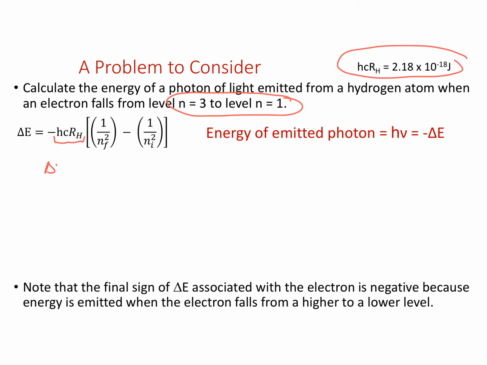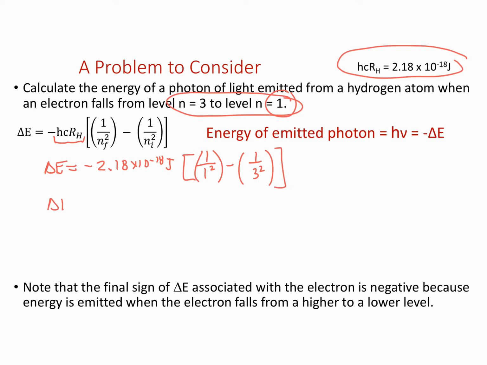So for this calculation, the change in energy equals a negative 2.18 times 10 to the minus 18 joules times 1 over my final quantum level is n equals 1. 1 over 1 squared, right? A pretty exciting calculation. Minus 1 over 3 squared.